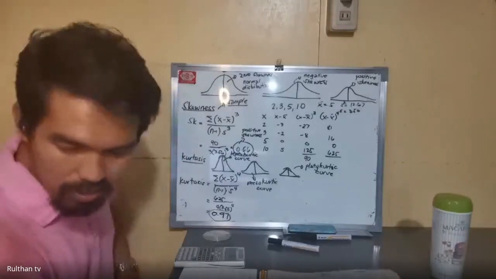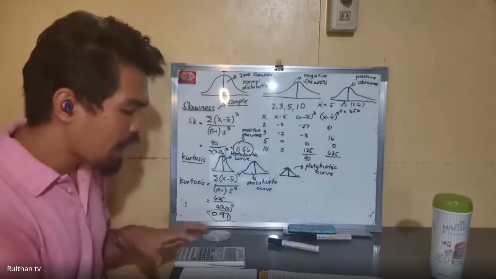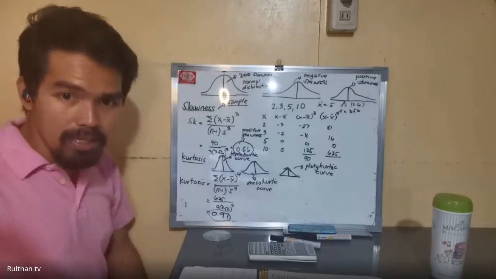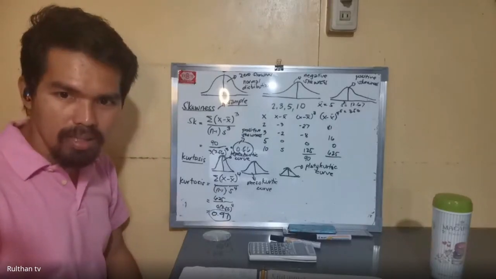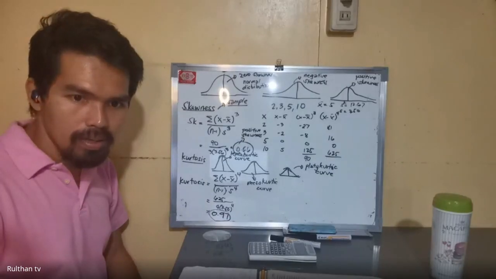Regarding the kurtosis curve, sir, up to what range is under leptokurtic, for example 0.97? That's also what I would like to find out. Based on the reading that I have, there is no exact range, sir.